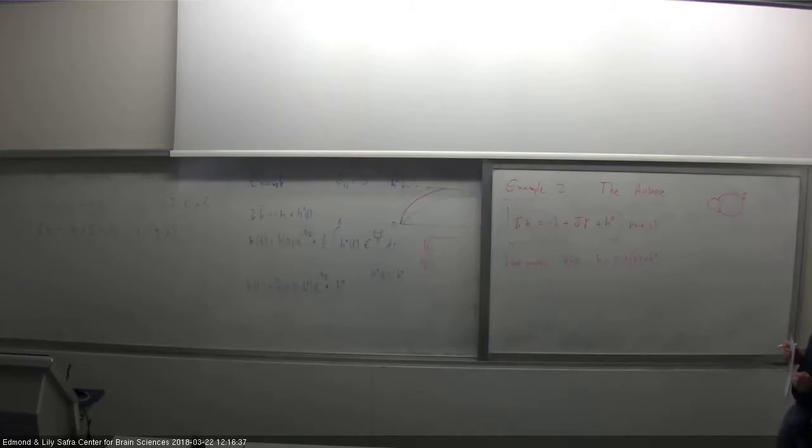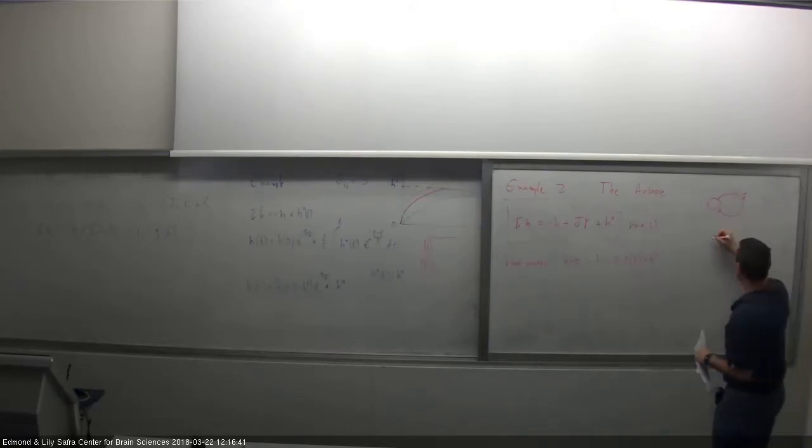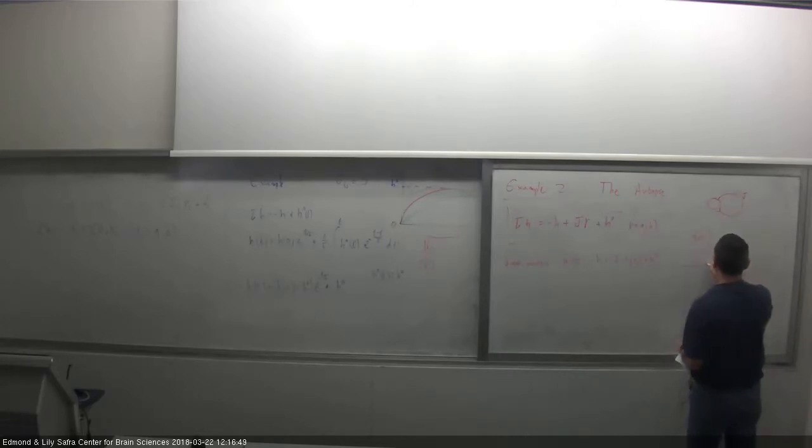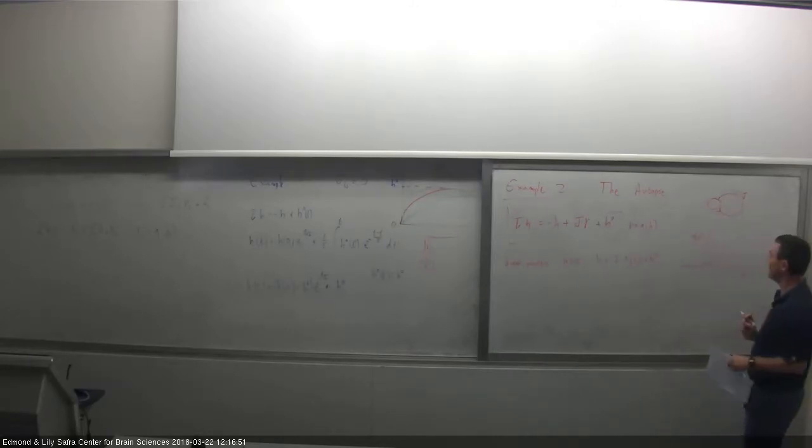So how do the solutions of this equation look? Let's say that g of h looks something like this. This would be g of h, and this would be h.